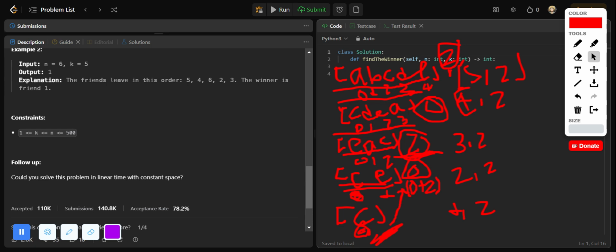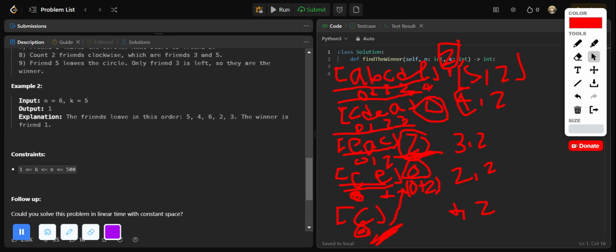The time complexity, I think, is going to be O(n) instead of k log n, because we are decrementing n each time, as you can see.